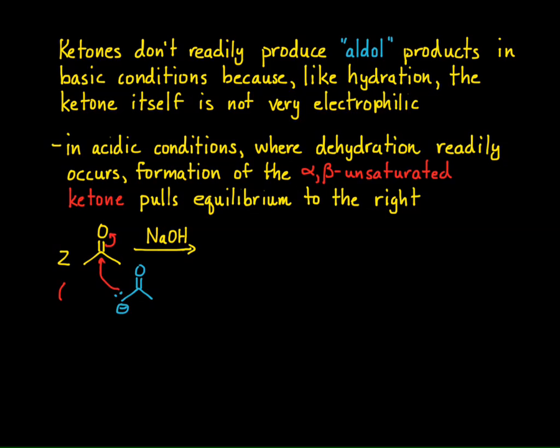However, this is the slow process, and the reason for that is because acetone, like other ketones, is stabilized by its alkyl groups, right? And what happens is the electrophilicity of that carbon decreases drastically. So this is the slow step. That addition process is the slow step.